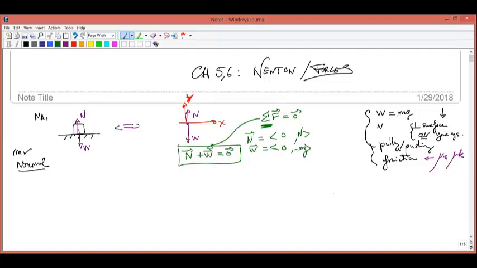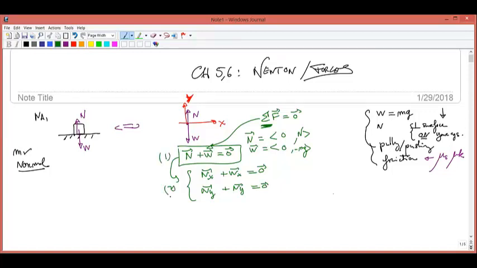This is obviously a two-dimensional problem, x and y. We don't have to deal with the z. Therefore, a vector equation will give us a system of two equations. You add all the x components together, and you add all the y components together. Those two are equivalent, 1 and 2.